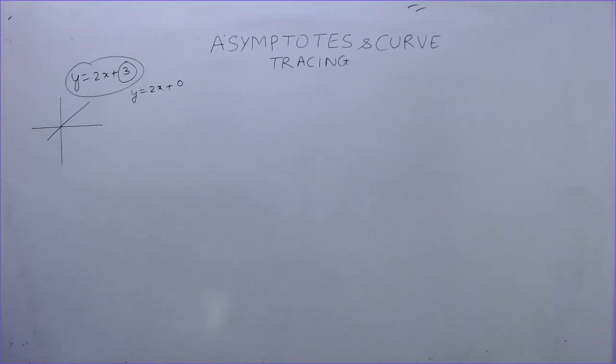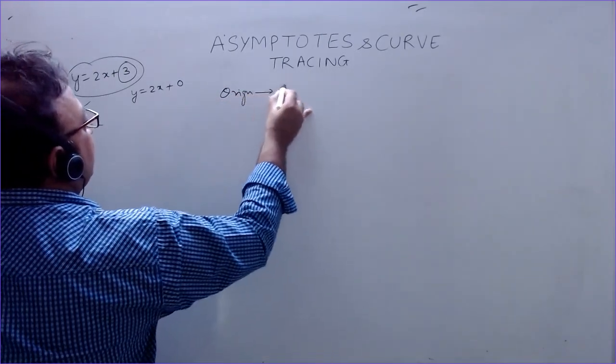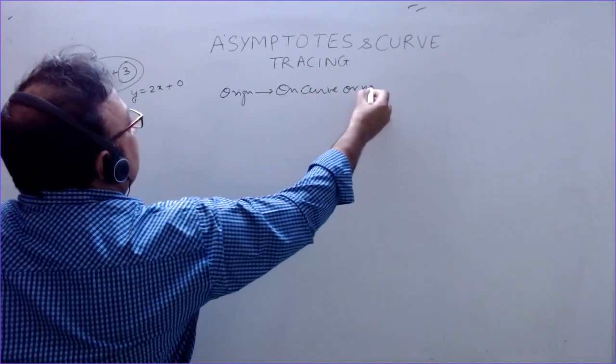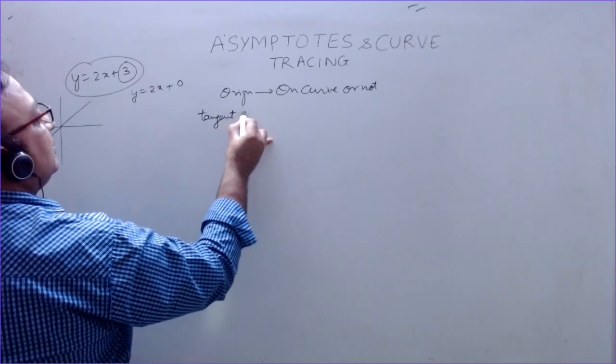Now after this, when you find that the origin is lying on the curve, we have to find the equation of the tangent at the origin. First, find whether the origin is lying on the curve or not, then the tangent at the origin.